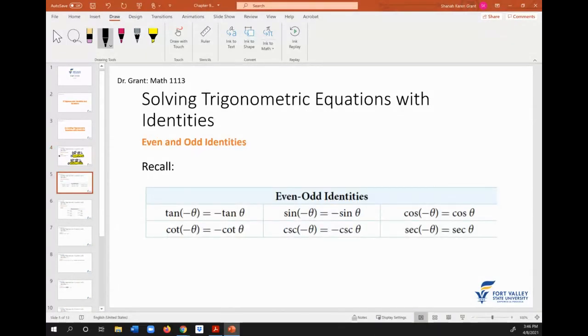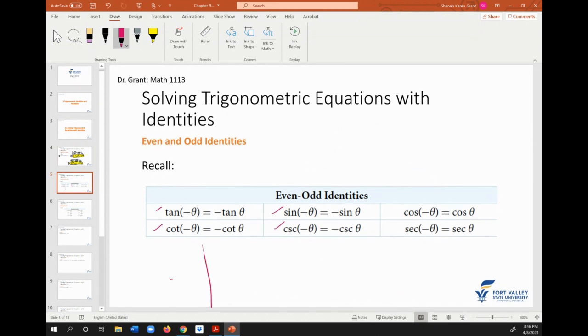Also recall our even and odd identities. So recall that we had 4 odd identities. These are going to be our tan, cotangent, sine, and cosecant. When it's odd, if we were to draw the tan graph, whatever is in the first quadrant is going to be in the third.